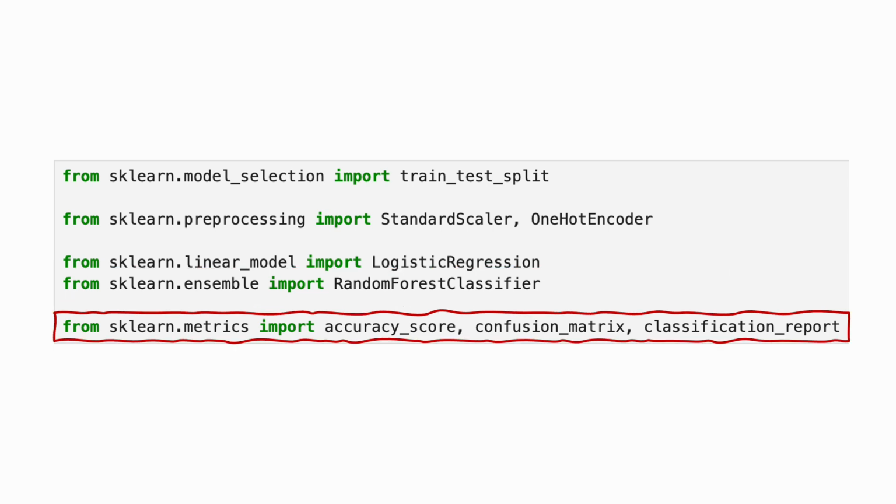This line is from the metrics module. Metrics in Scikit-learn provides functions for evaluating the performance of your machine learning models. We are importing three common evaluation metrics: accuracy score to calculate the accuracy of the model's predictions, confusion matrix to get a table summarizing the performance of a classification model, and classification report, which builds a text report showing the main classification metrics.